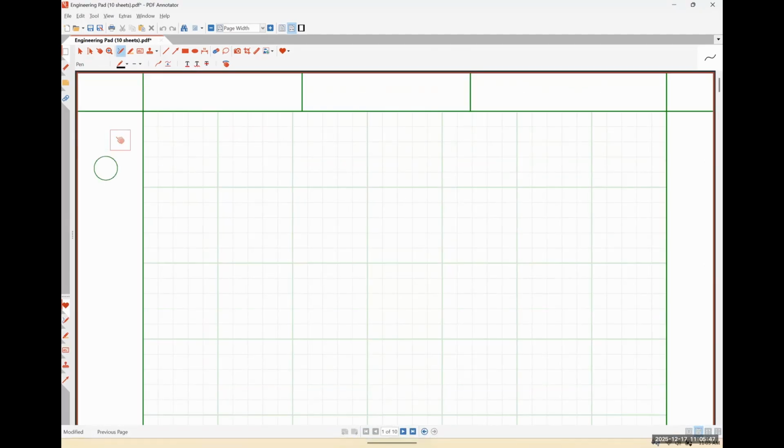So let me just revisit this really quick. So step response of an accelerometer.